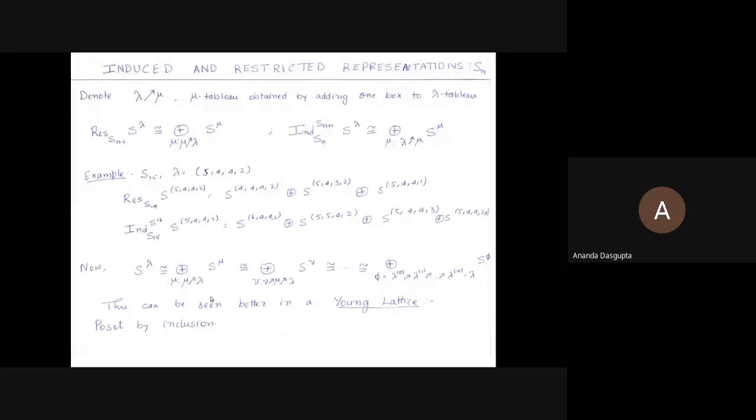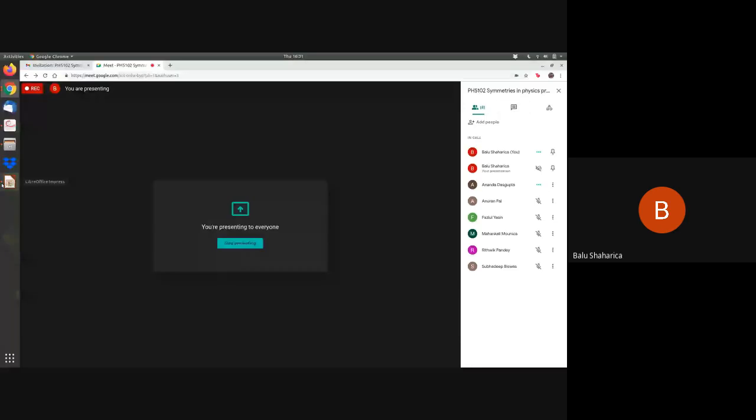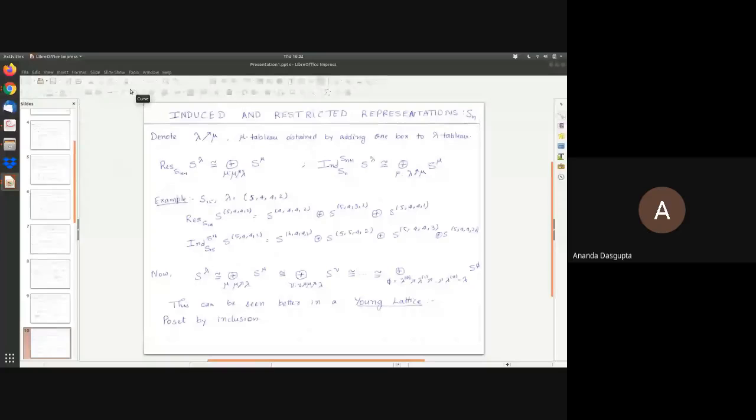Could you just slow down a bit? Maybe your connection is a bit too bad right now. Hello? Yeah, you're here. Go ahead. We couldn't hear whatever you said a while ago.